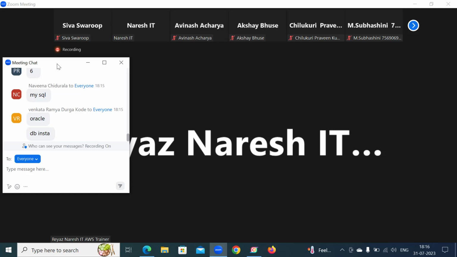AZ meaning availability zone. So the 2 things are read replicas and multi-AZ. If we know these 2, one topic we can do. Second, multi-AZ is just a matter of enable, disable. Rest everything AWS will take care. So we'll see these 2 topics in RDS, and then we'll go to the practicals.